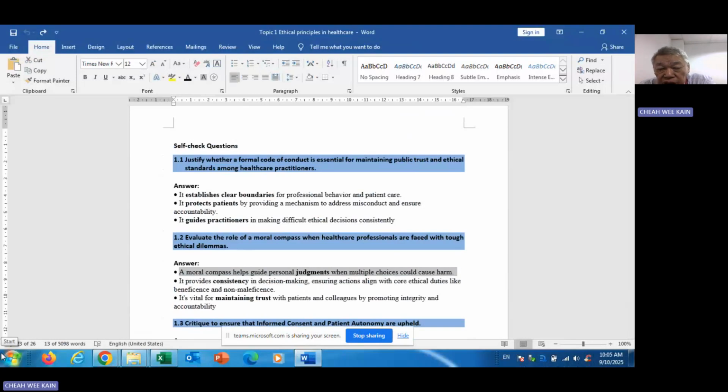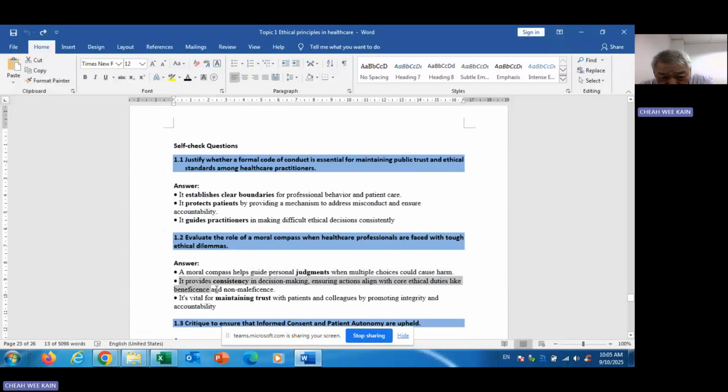Now, your moral compass actually comes from the individual. Individual people have different moral compasses. Now, most of them are quite standard. Okay? But you can have a little bit of difference from one person to another.